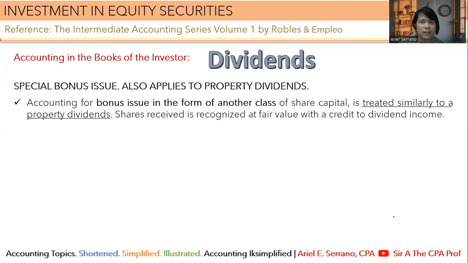For example, you hold ordinary shares, then suddenly the company issues preference shares. That is a special bonus issue because they differ in the form of another class of capital share. So how do we treat it? The shares we receive are recognized at fair value, and of course credited to dividend income.